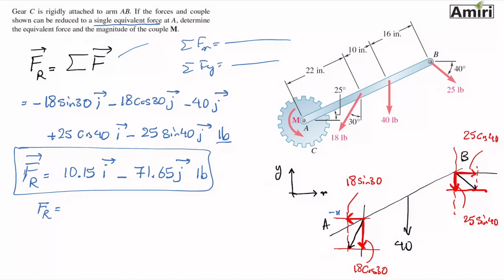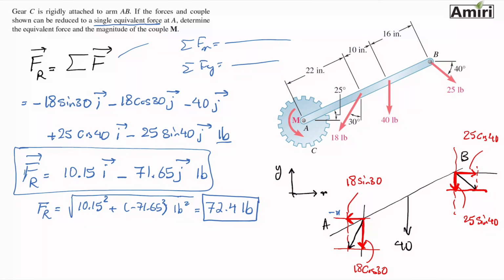Just take it one further step. You all know how to do magnitudes by now. And that will result in 72.4 pounds magnitude. If you want to do the angle, if we look at this in x and y, I have 10.